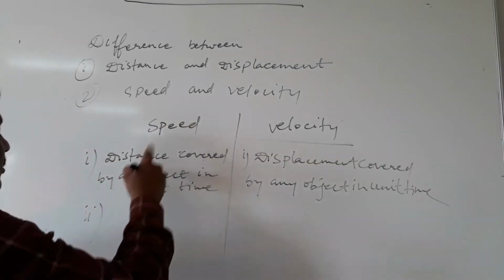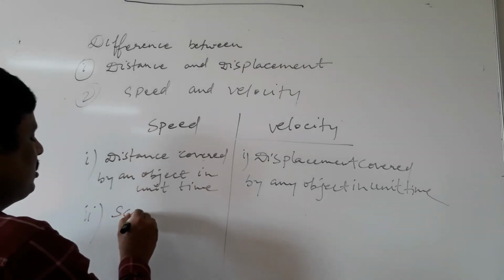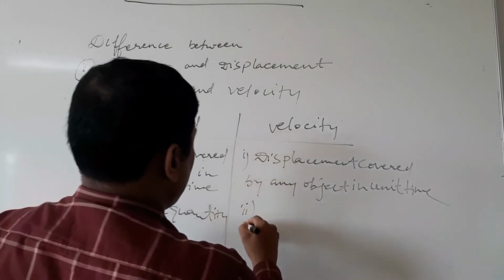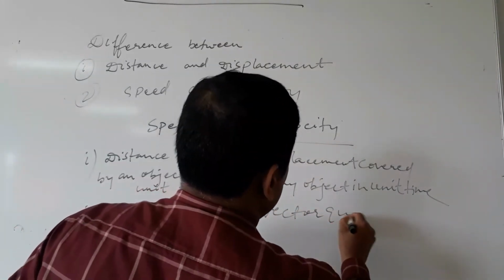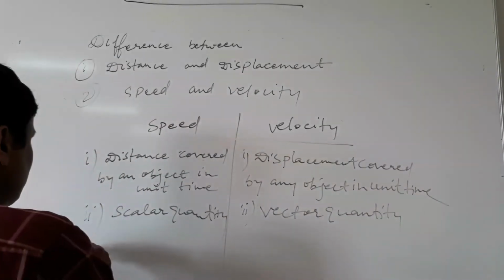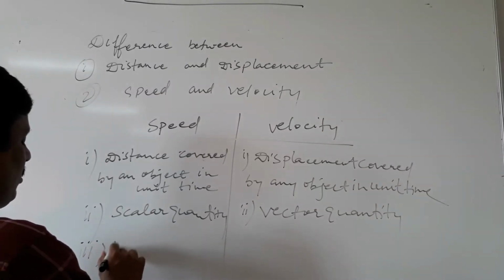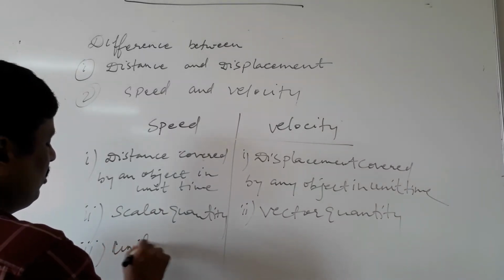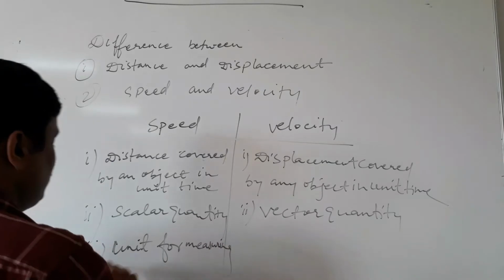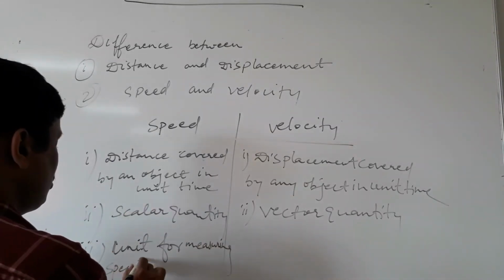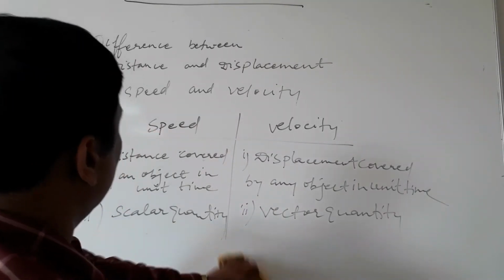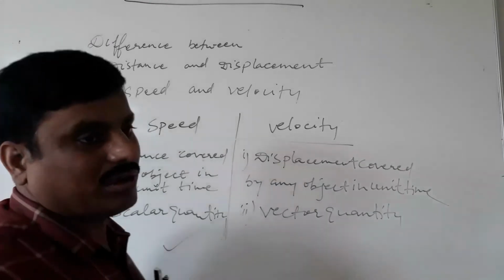Second, speed is a scalar quantity, velocity is a vector quantity. Third, the unit for measuring the speed is... These are two points, and the third point you just try to write.